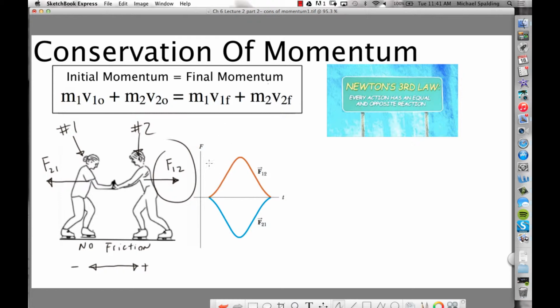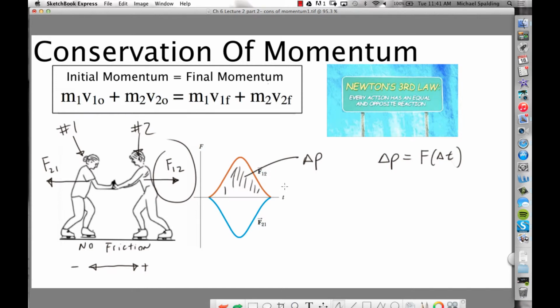Okay, on a force time graph, the area under the graph is the change in momentum. Yesterday I gave you this equation: change in momentum is equal to force multiplied by time. If you take the area under a force time graph, really what you're doing is base times height.